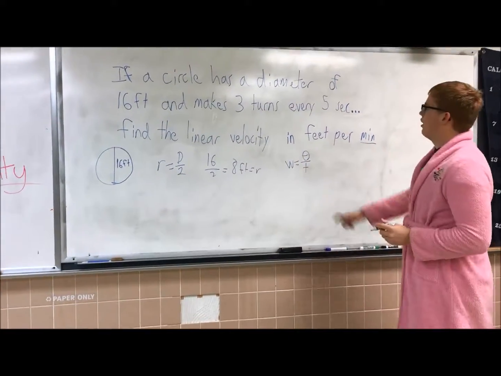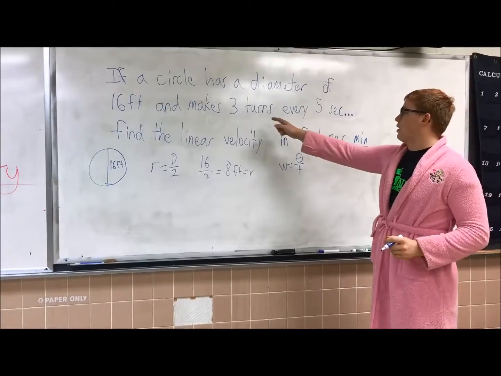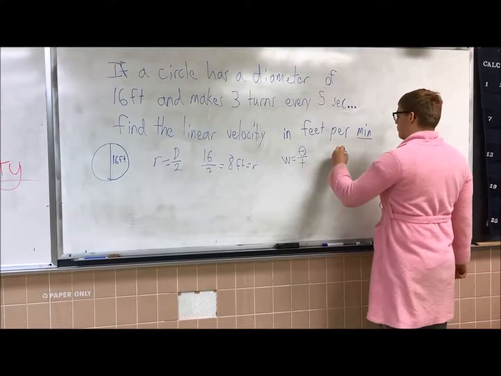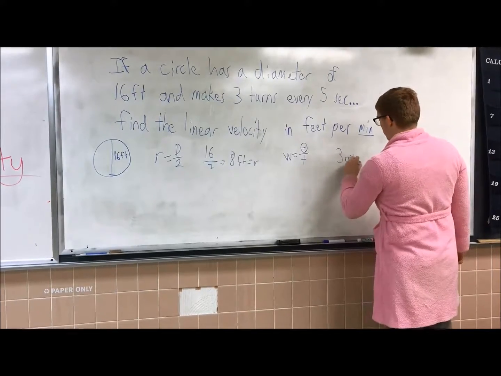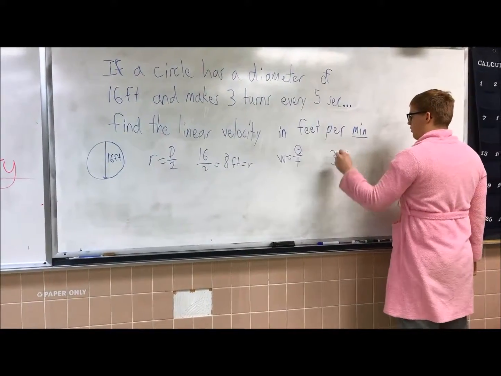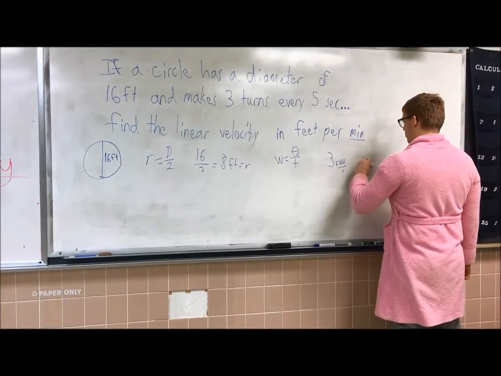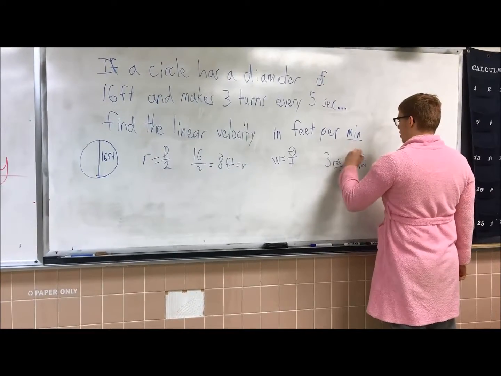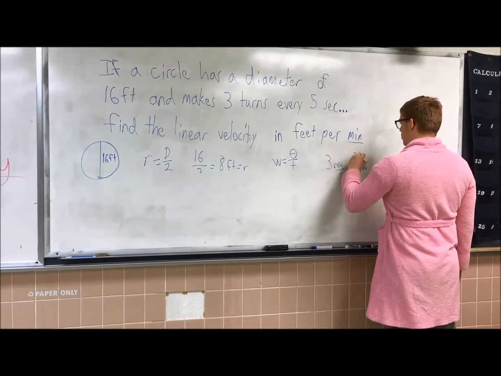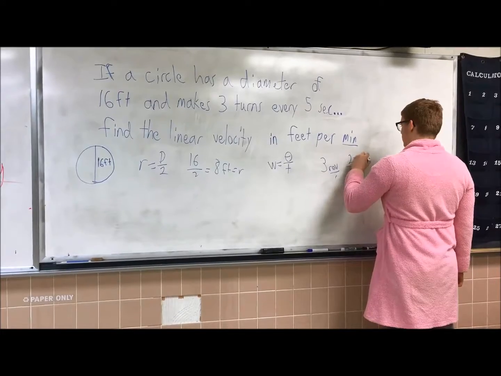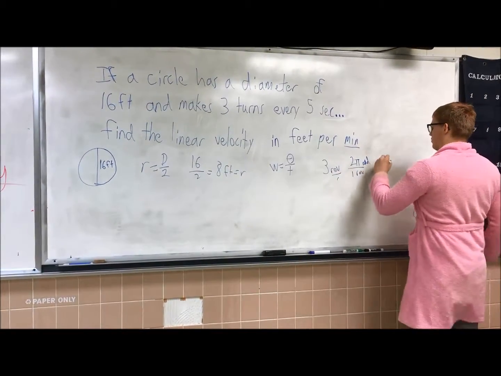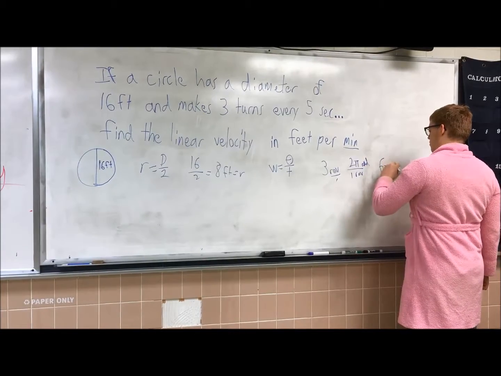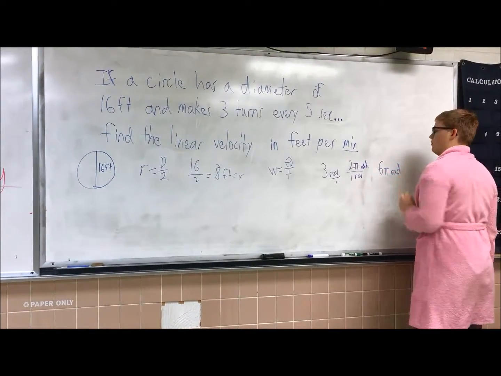Our theta is in revolutions right now, 3 revolutions. One revolution equals 2 pi radians. So 3 revolutions times 2 pi is 6 pi radians.